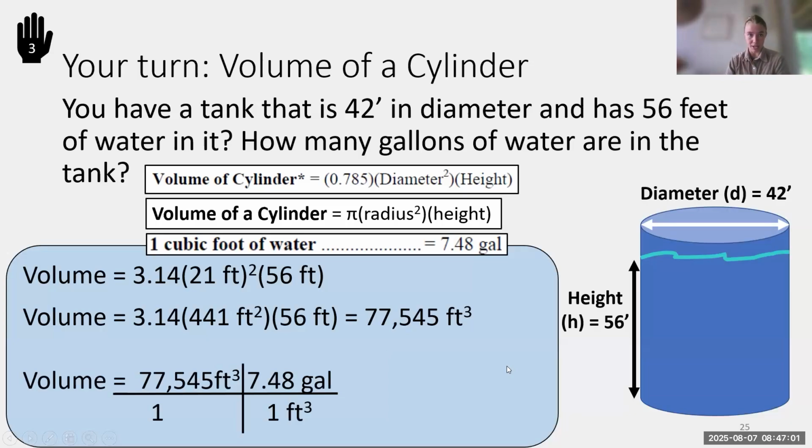We've got a cubic foot on the top and the bottom, so we get to cancel those units out. And that leaves us just with gallons. And all we have to do is multiply across the top of this grid. There's just ones on the bottom, so we don't have to do any dividing. 77,545 times 7.48 gives us 580,000 gallons is our final answer here.